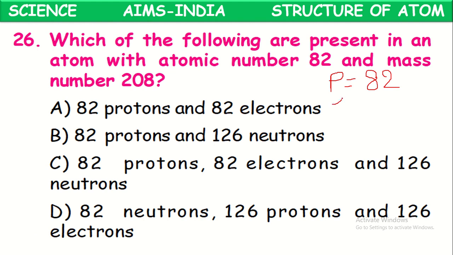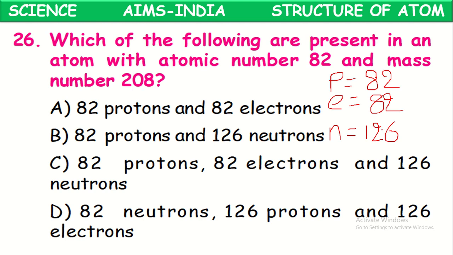And the number of electrons also will be equal to the atomic number, that is 82. And what about the number of neutrons? This is equal to mass number minus atomic number. Mass number is given as 208 minus atomic number 82. Now the number of neutrons will be the difference between these two, 126.